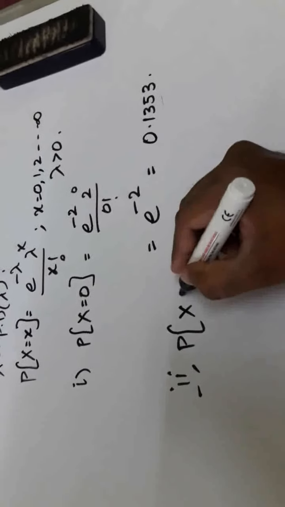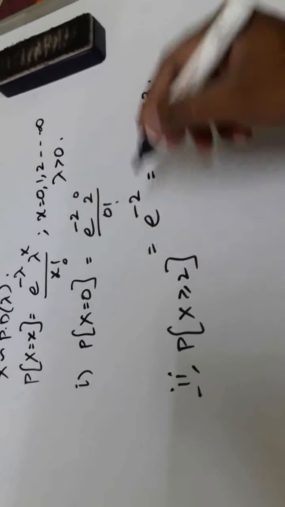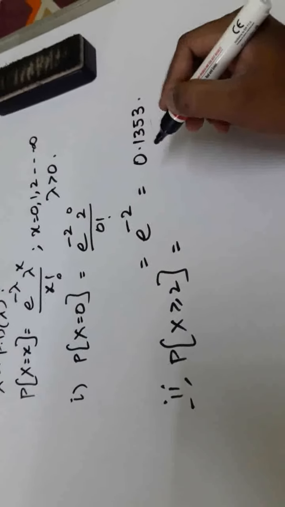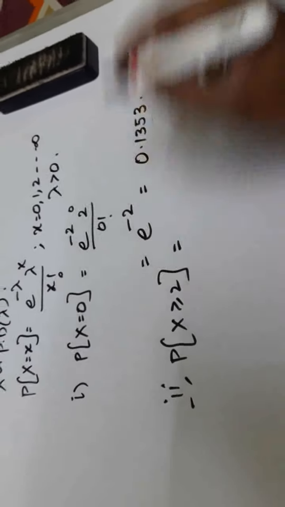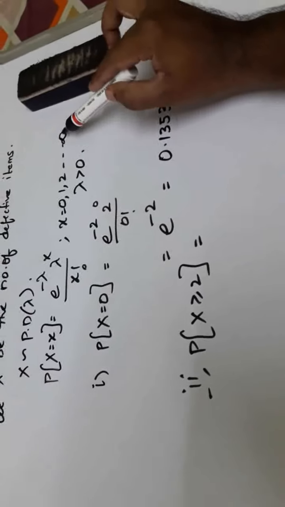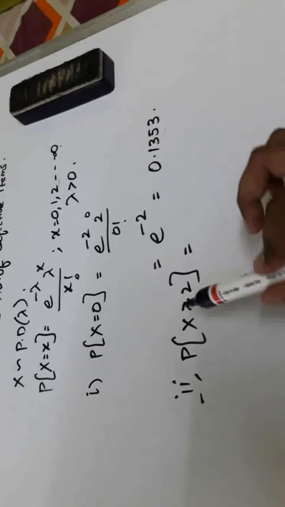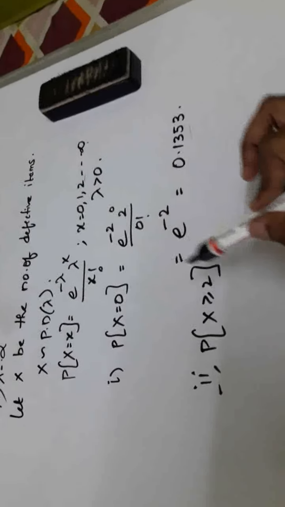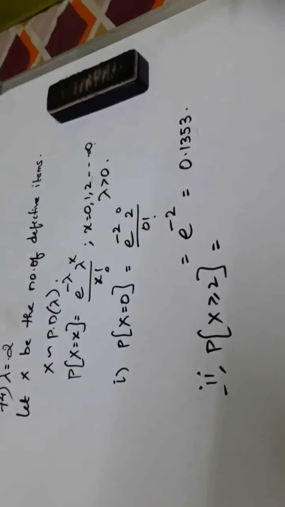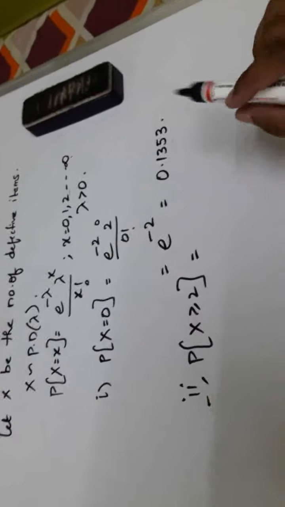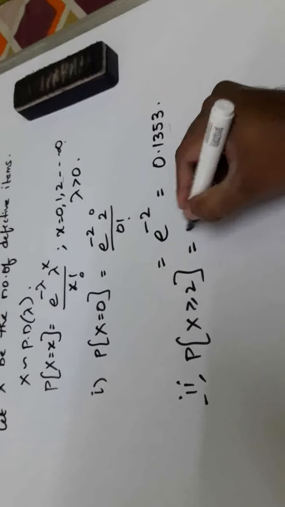Now question number 2. Probability of x greater than or equal to 2. They have asked at least 2 defectives, that means greater than or equal to 2. See, in Poisson distribution the range is up to infinity, right? But here greater than or equal to 2 means 2, 3, 4, 5 and so on. There is no fixed term. In such a case, convert this.